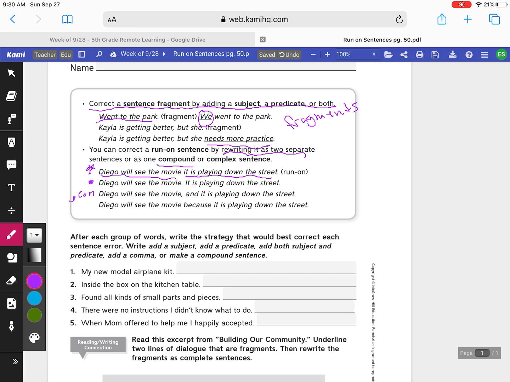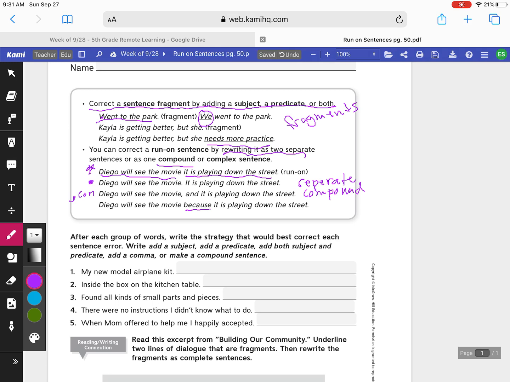That's our compound sentence. So I'm going to write separate, compound. Or we could use a complex and use our subordinating conjunction. So Diego will see the movie because it is playing down the street.